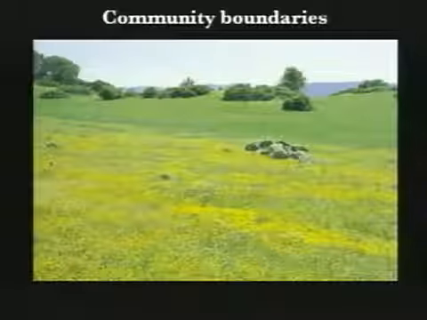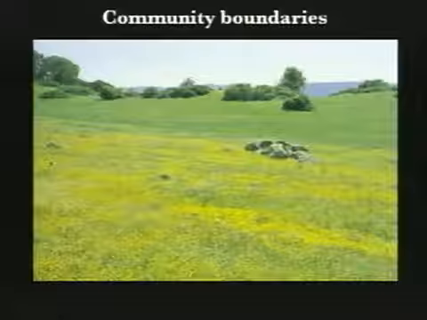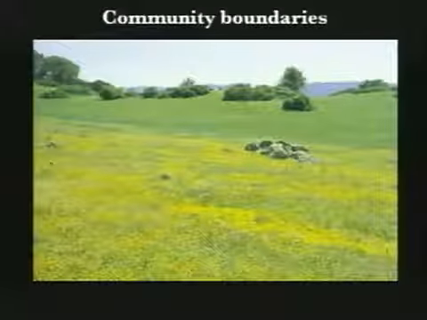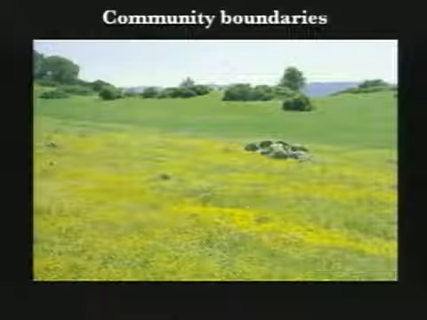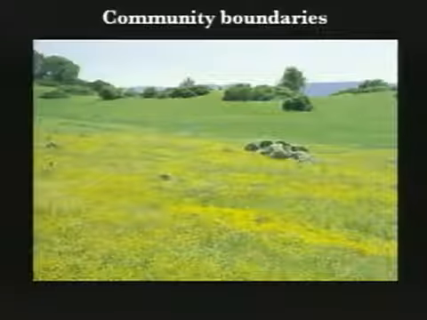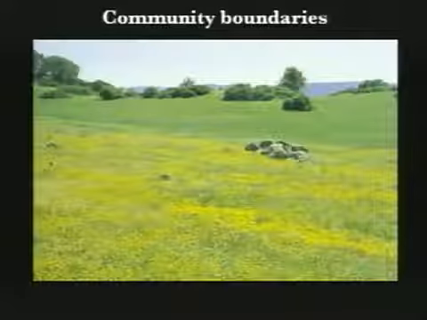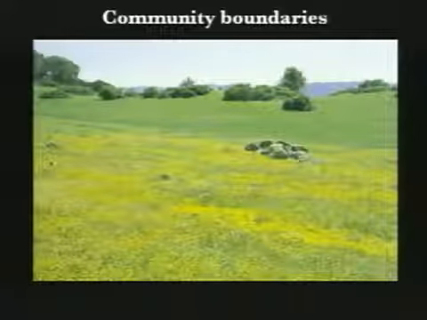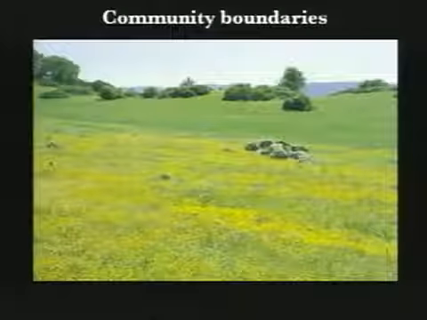Here's a natural example of a community that does have a distinct boundary. Communities with really hard and distinct boundaries in nature are often driven by physical phenomena that underlie them. In this case, this is a grassland in the distance with another area much richer in wildflowers.